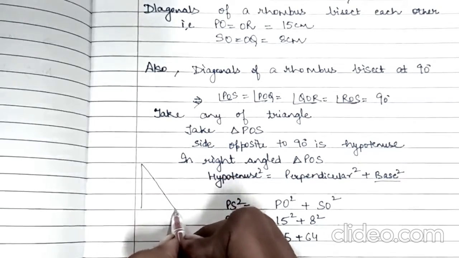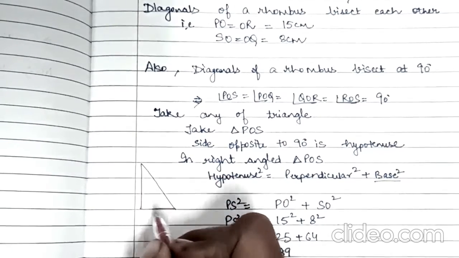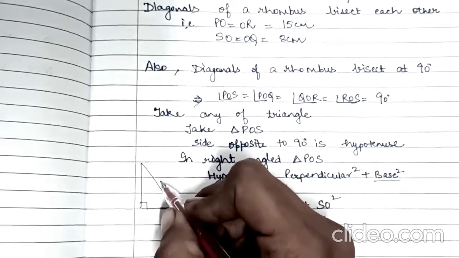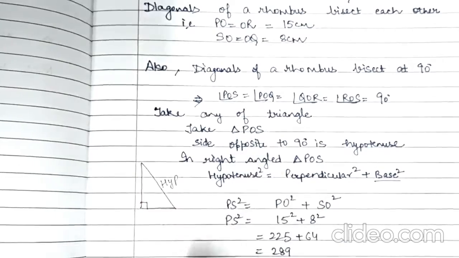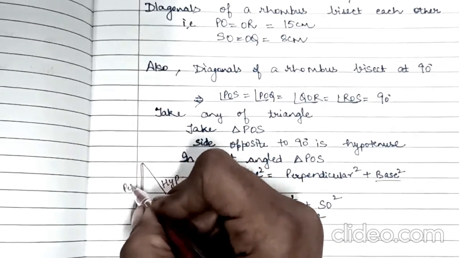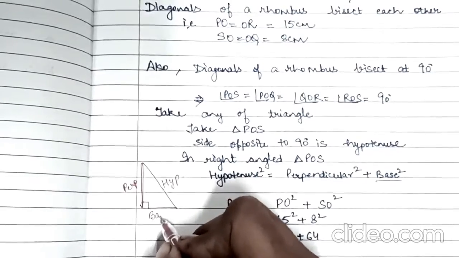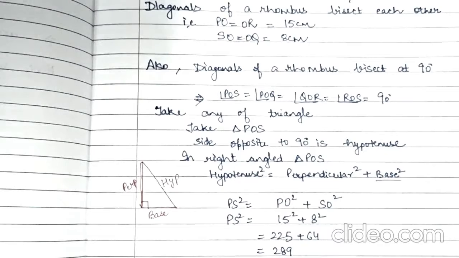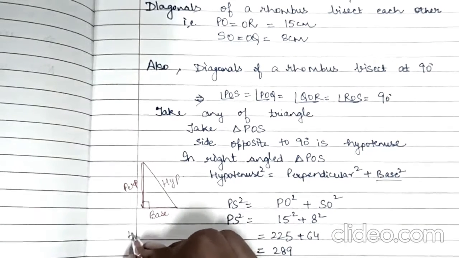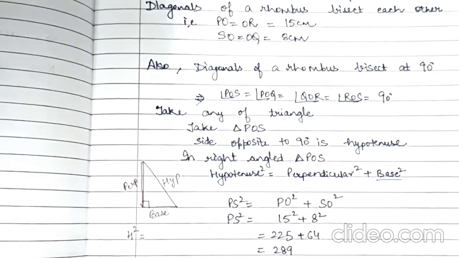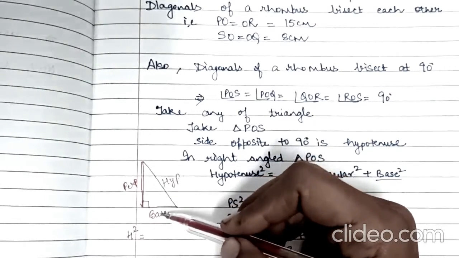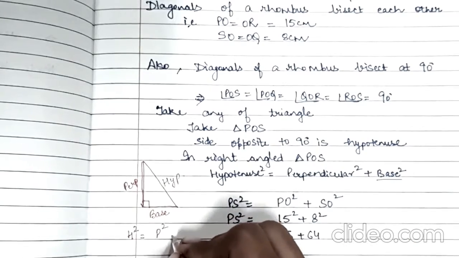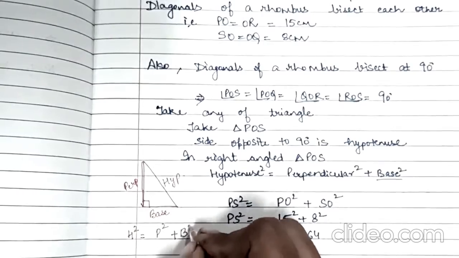Suppose I have this triangle. This is 90 degree. Now the side opposite to 90 degree is the hypotenuse. This is perpendicular and this is base. So now the Pythagoras theorem states that hypotenuse square is equal to the sum of the squares of the other two sides, that is perpendicular square plus base square.